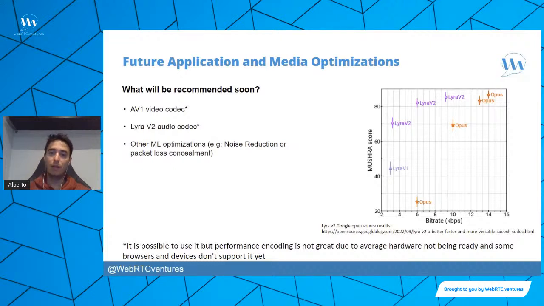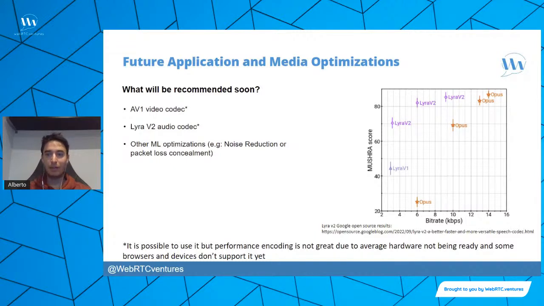Those are more common WebRTC video codecs, at least today, in the wild. And then the same thing for audio. Opus is what everyone uses for WebRTC today, but Lyra V2 seems to be a pretty new codec that looks promising, based on the Google open source results that I show here on the right.